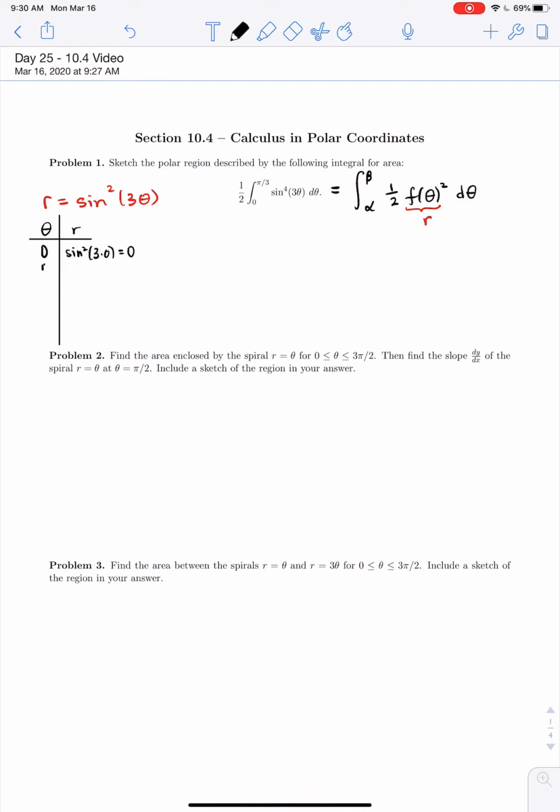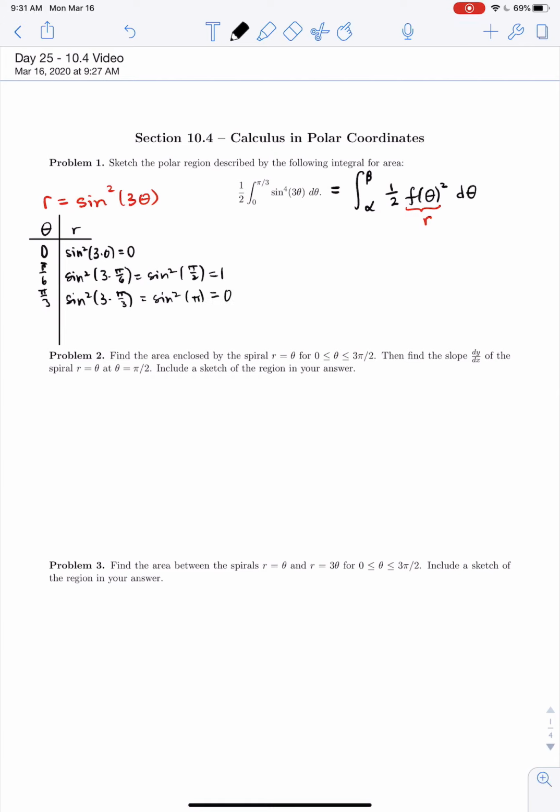When theta is pi over 6, we're looking at sine squared of pi over 2, which is 1 squared, which is 1. If we look at pi over 3, then we're looking at sine squared of pi, which is 0.